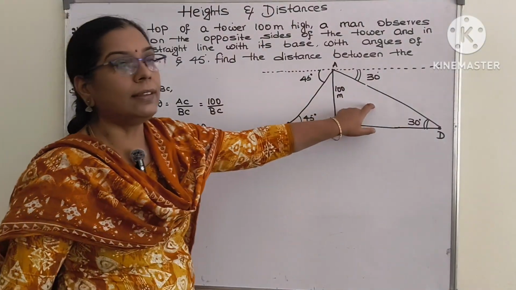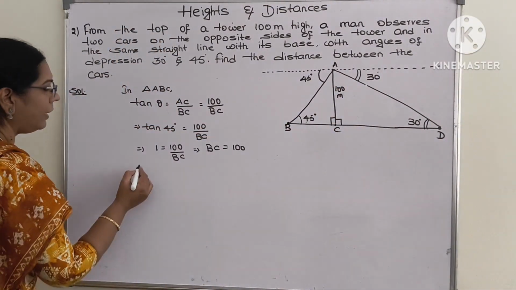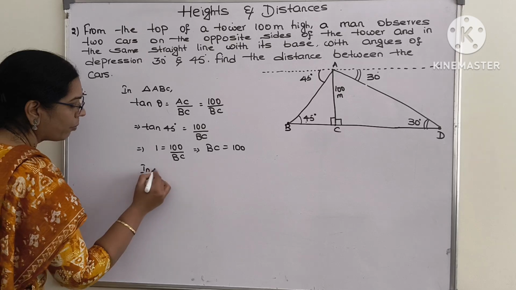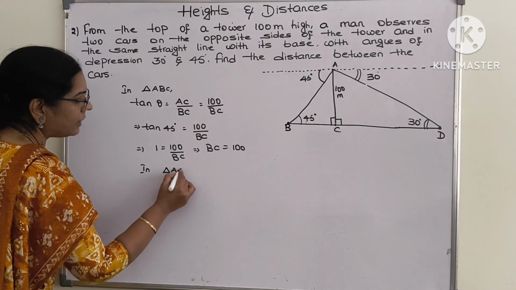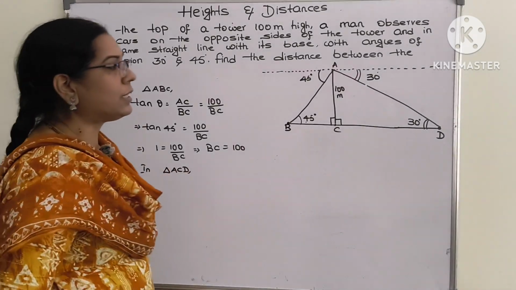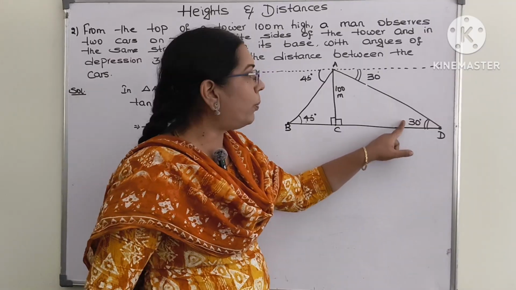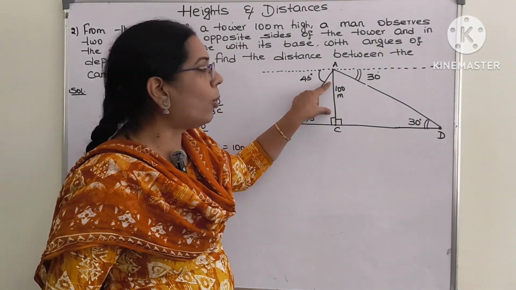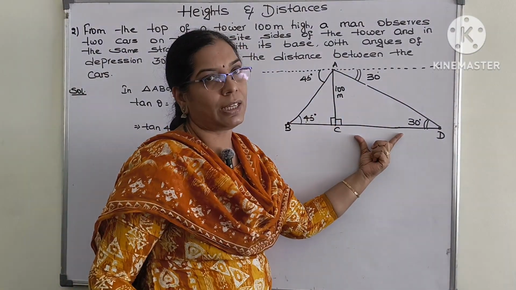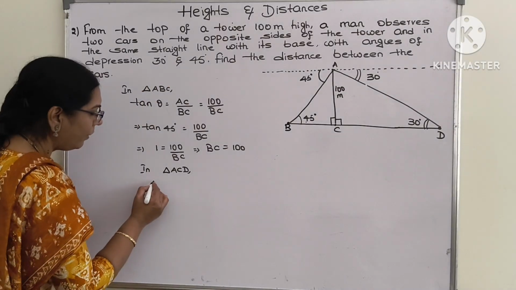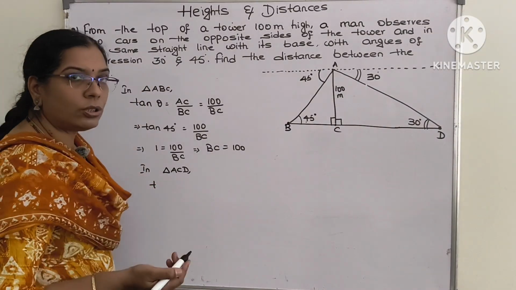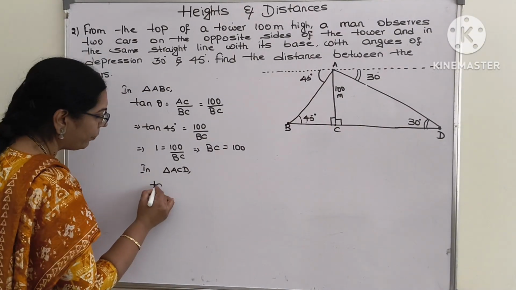Let us take the another triangle, triangle ACD. In triangle ACD, again repeat the same process. From an acute angle point of view, AC becomes opposite. We need CD, which is adjacent. So it is the tan we should take. You can take cot also, children, but I prefer tan.